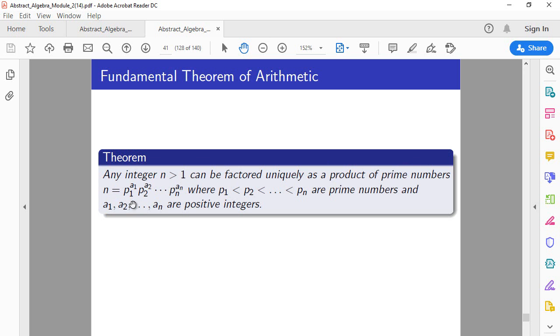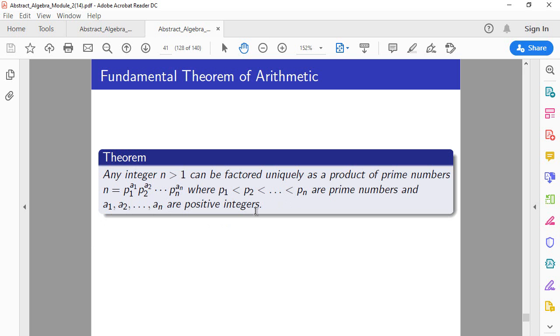So n is equal to p1 to the a1 times p2 to the a2 times pn to the an, where p1, p2, pn is an increasing sequence of prime numbers, and a1, a2, an are positive integers.